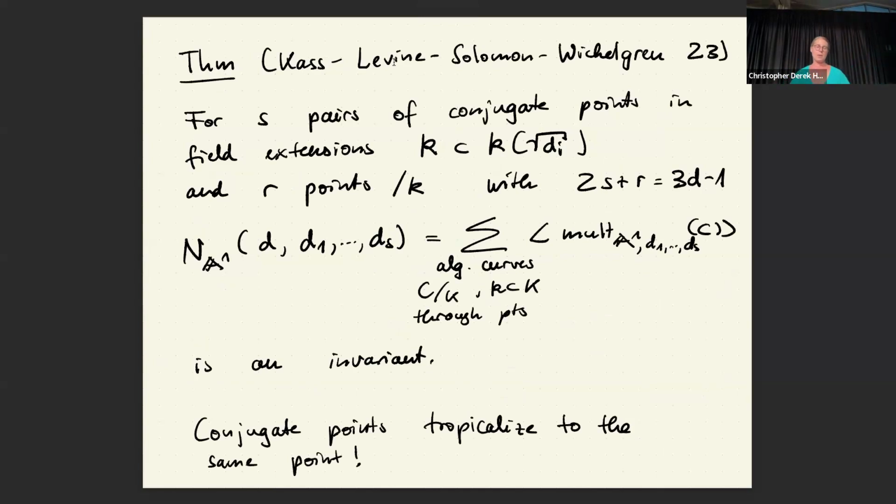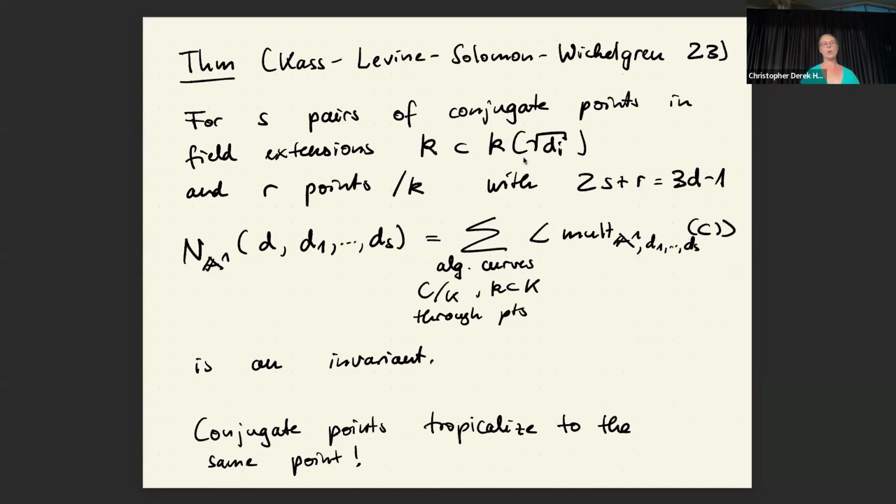Okay, now similarly to how we discussed that real curves can also pass through complex conjugate points, also here I can be even more ambitious, right? Who requires me to fix only points which are defined over k? Nobody. I could fix arbitrary points. What we want to do here is fix S pairs of conjugate points in quadratic field extensions, little k adjoined some square root.